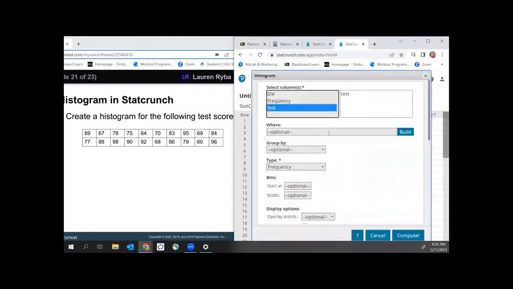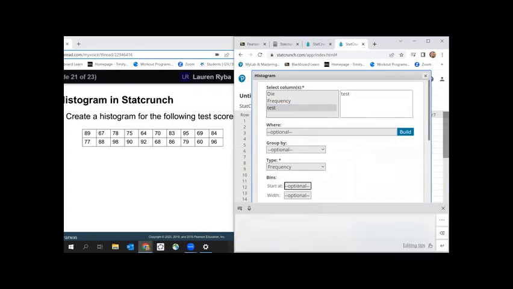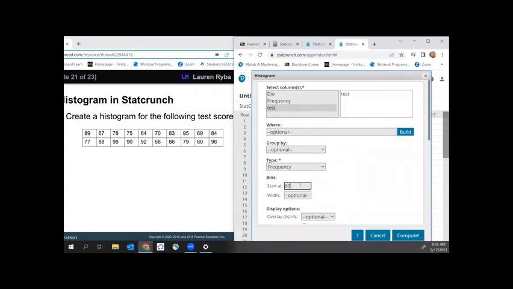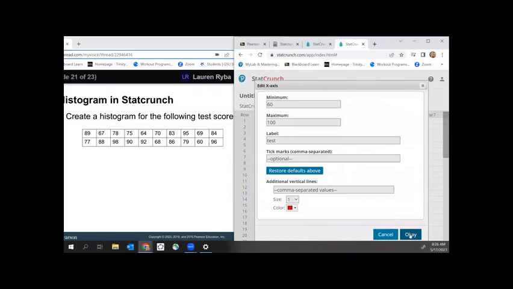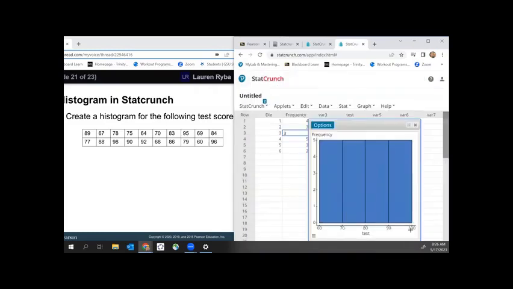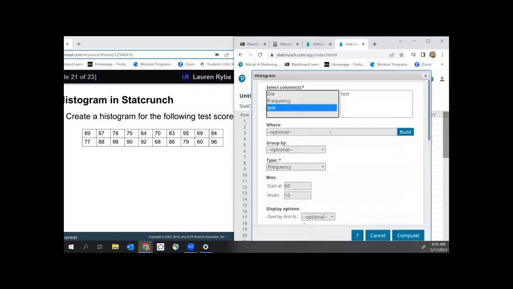If you want, you always have the option to say, I want to start at 60 and I want to go by tens. I want to put all the grade letters together, the D's, the C's, the B's, and the A's. And if I do that, though, it looks kind of funny. Look at that. There are 5 D's, 5 C's, 5 B's, and 5 A's. So that's actually kind of interesting.